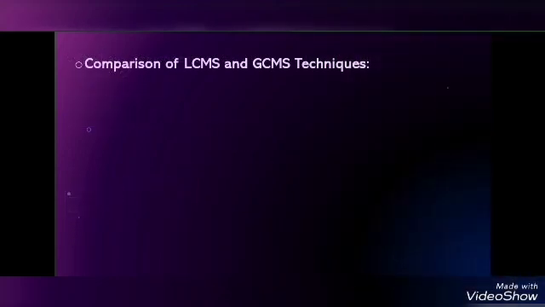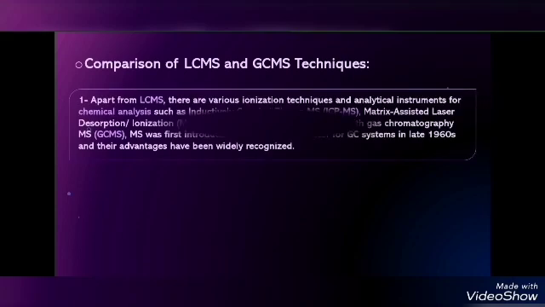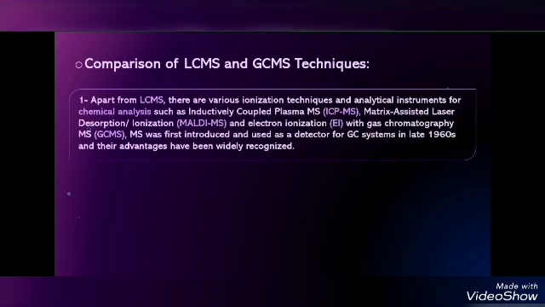Comparison of LC-MS and GC-MS techniques. 1. Apart from LC-MS, there are various ionization techniques and analytical instruments for chemical analysis, such as inductively coupled plasma MS, ICP-MS, matrix assisted laser desorption ionization MS, MALDI-MS, and electron ionization (EI) with gas chromatography MS, GC-MS.